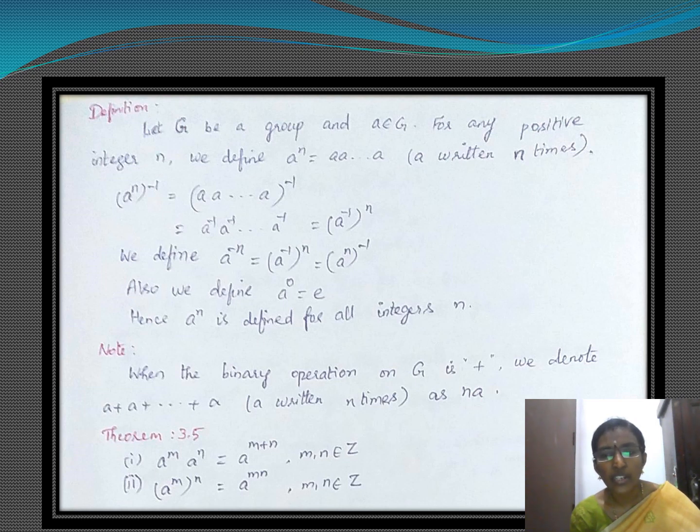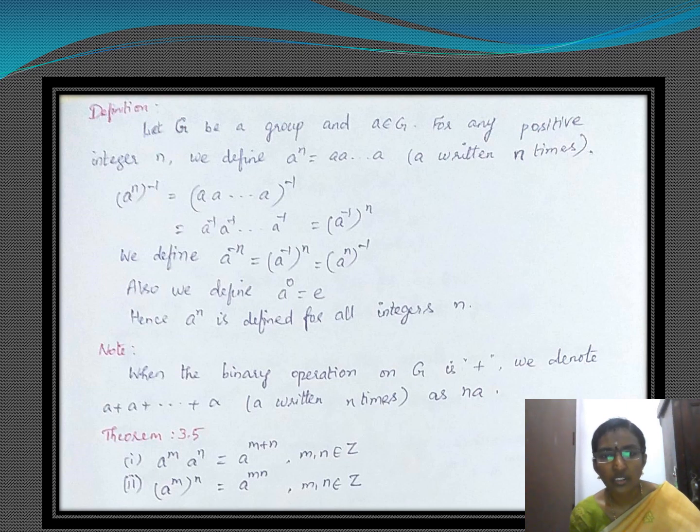That is, A power n can be written as multiplication of A, n times. Likewise, the inverse of A power n can be written as (A power n) the whole inverse is equal to (A inverse) the whole power n. Also, we define A power 0 equal to E. Therefore, A power n can be defined for all integers n.